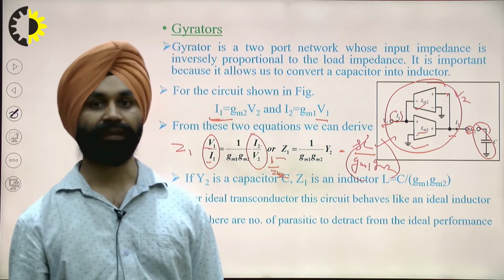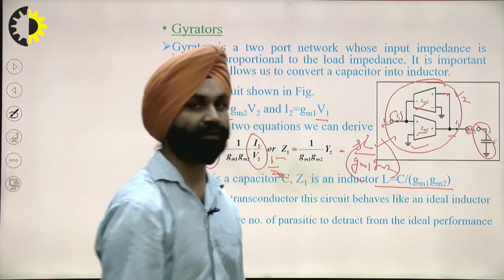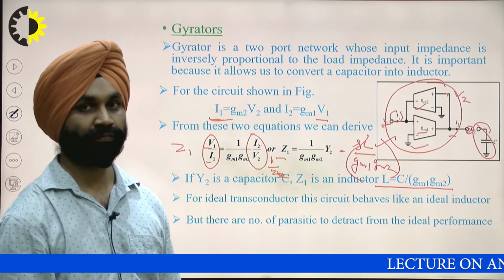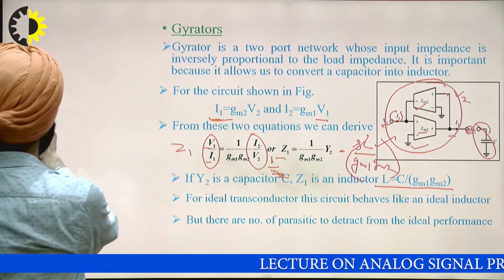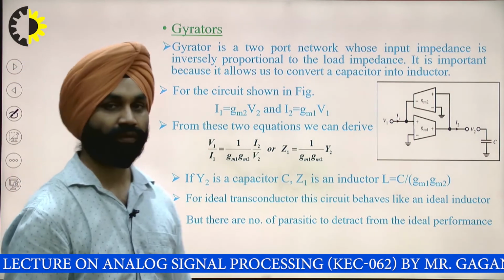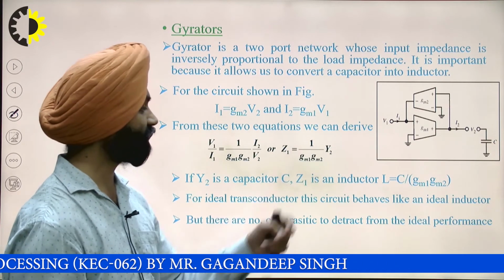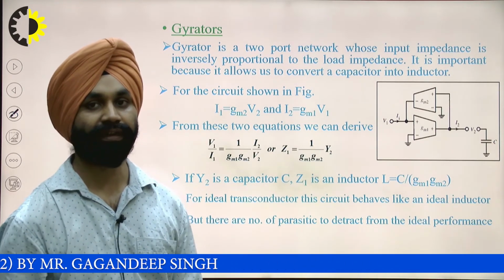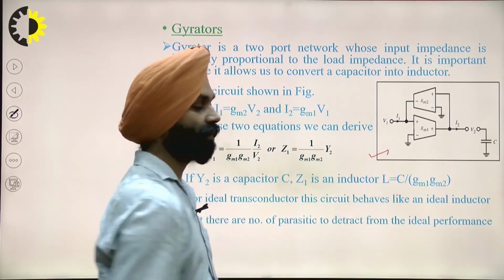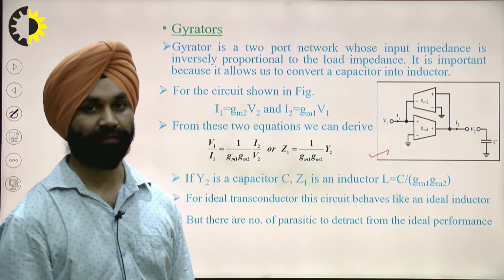The whole circuit acts as an inductor with inductance L equal to C by GM1 GM2. This will act as an ideal inductor if we have an ideal capacitor as well as ideal transconductance amplifiers.